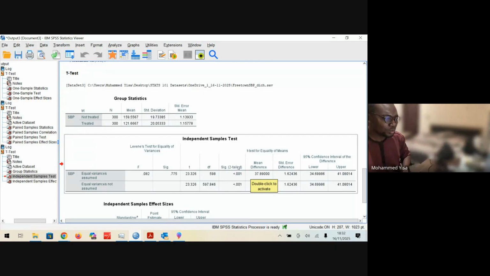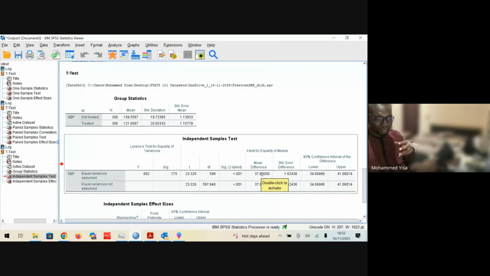Now we are coming to the two-tailed significance, much less than 0.01. So this is a statistically significant difference. But let's play devil's advocate and say the p-value was 0.5 or 1, meaning statistically it is not significant. But the blood pressure difference is almost 40.